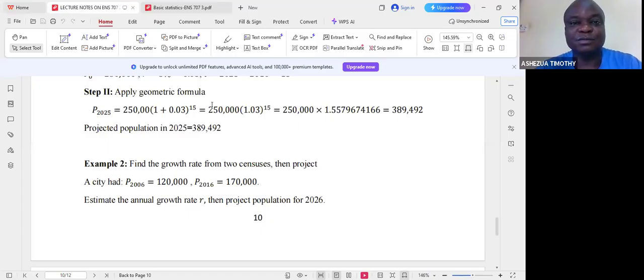So this your 250 is here, times 1.03 raised to the power 15, this long figure here.